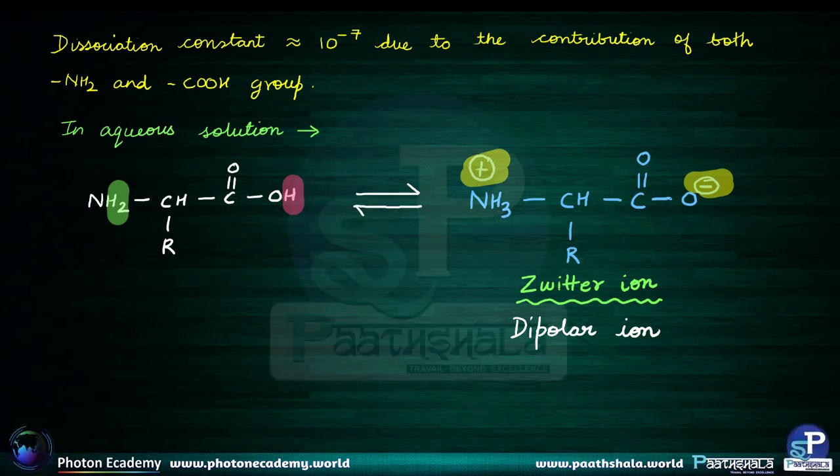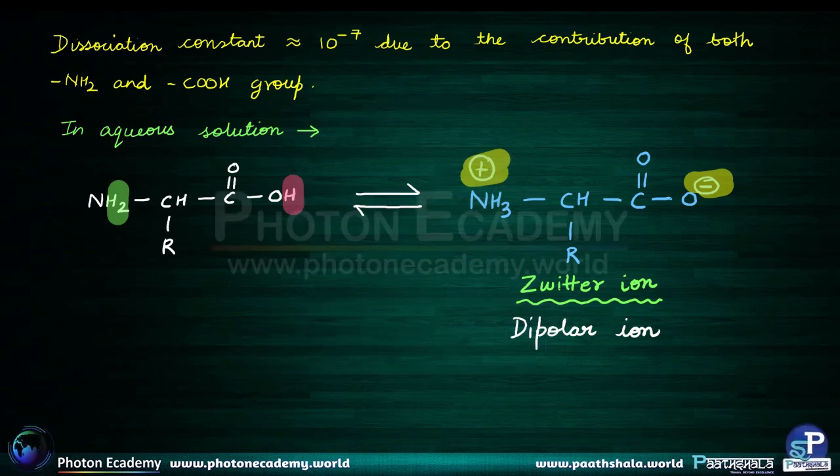So this species as a whole is neutral. Please remember that. This is the behavior of amino acids in aqueous solution. Now let us see some properties because of this Zwitter ion formation.